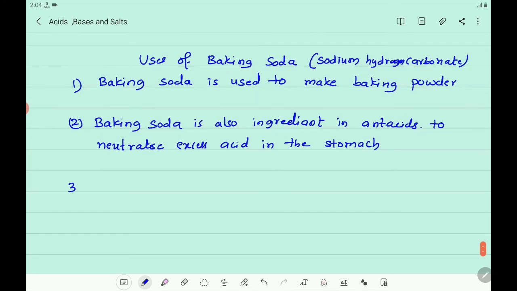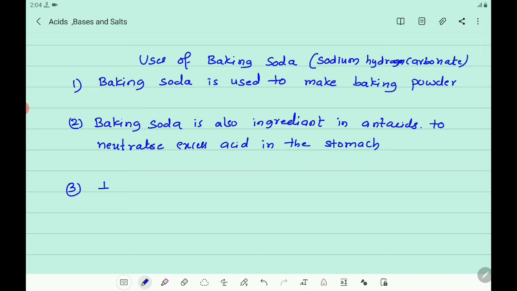Then you take the third one. It is also used in soda acid fire extinguishers. In that, what is used? Sodium bicarbonate, that is sodium hydrogen carbonate, which is also termed as baking soda, is used in soda acid type fire extinguishers.